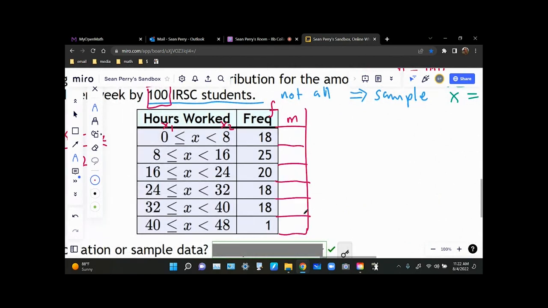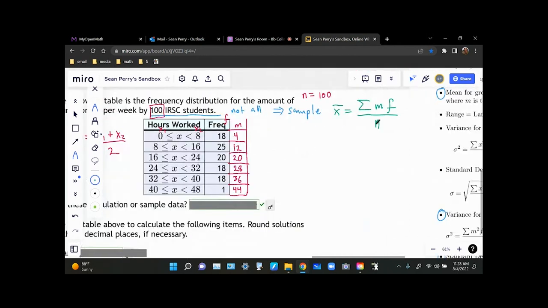Taking midpoints of this data, 0 plus 8 divided by 2 is 4, 8 plus 16 is 24, divided by 2 is 12, and so on. You might notice that the midpoints are just up 8 from each other, and that's because the intervals are of length 8.